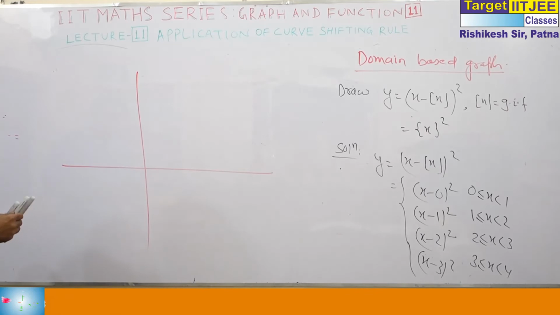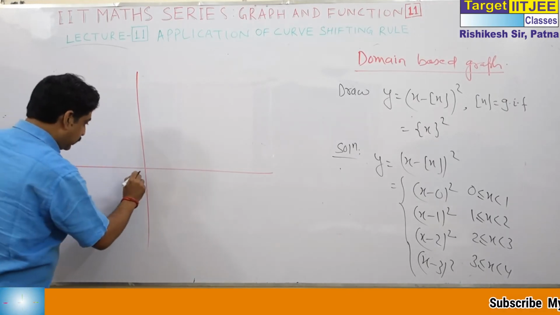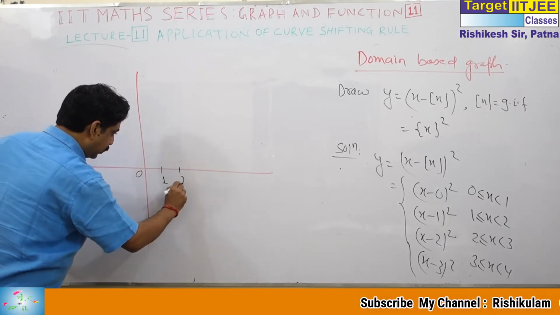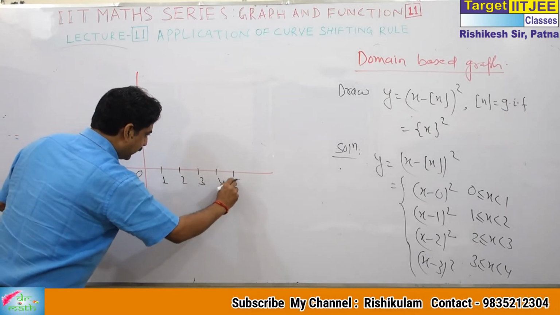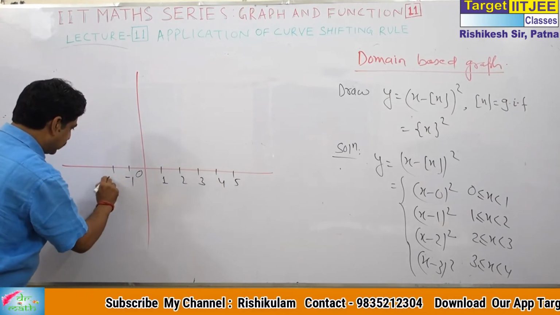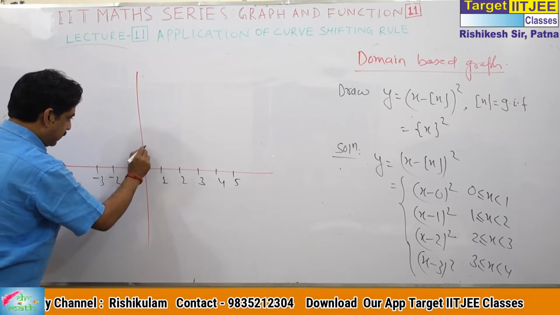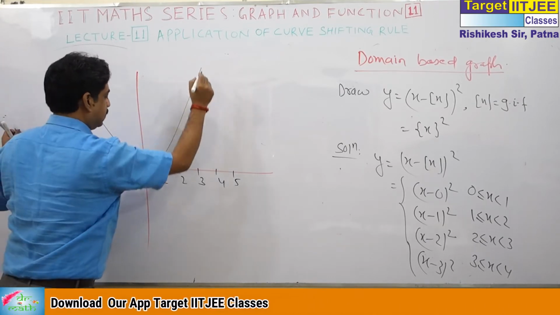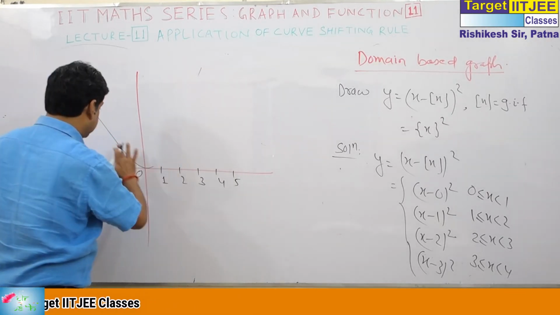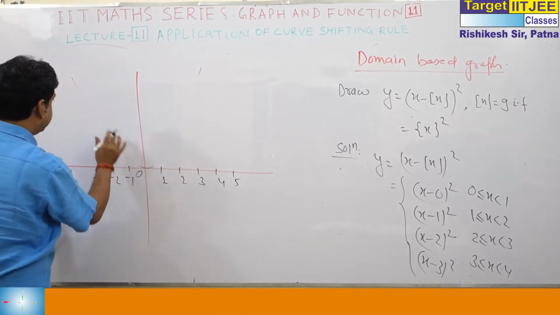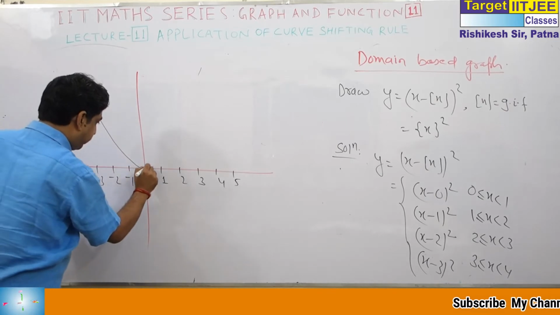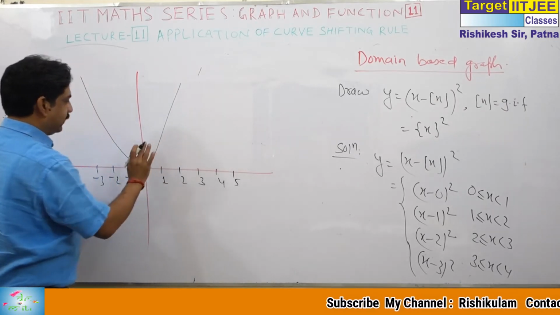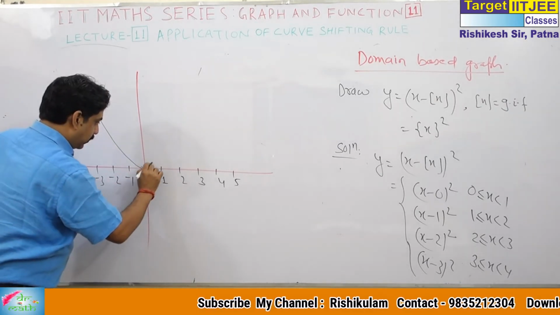Suppose this is your 0. This is 1, 2, 3, 4, 5, and going the other way -1, -2, -3. Now see, this is the graph of y = x². Let me draw it like this so I can get some... not satisfied.